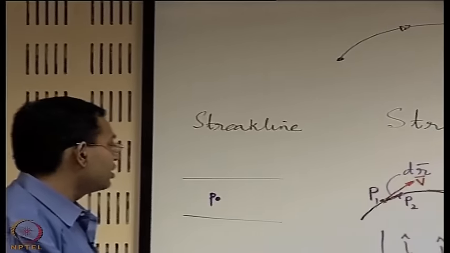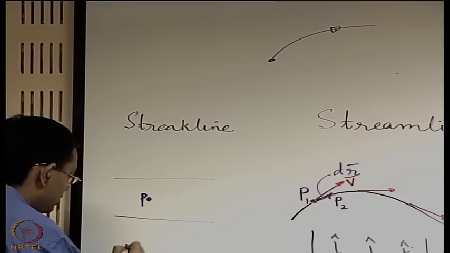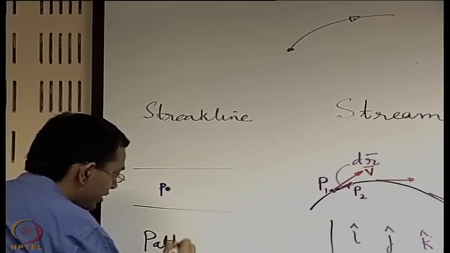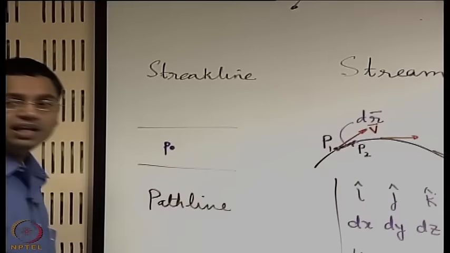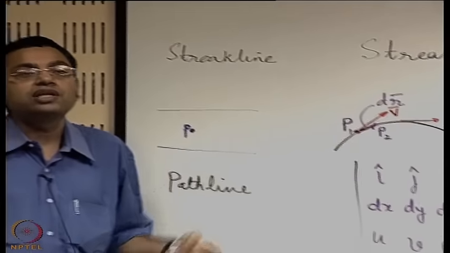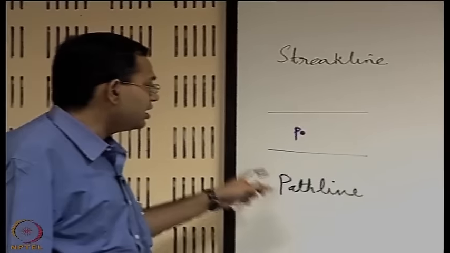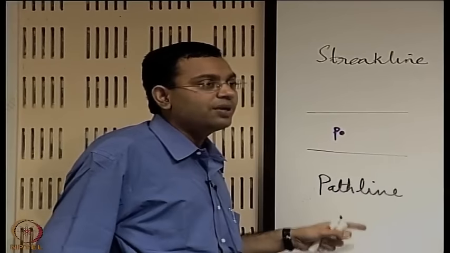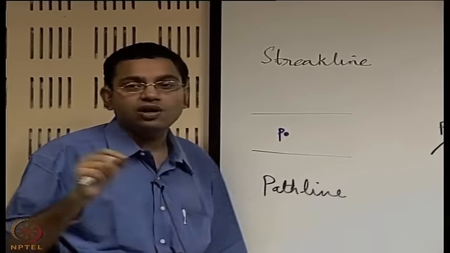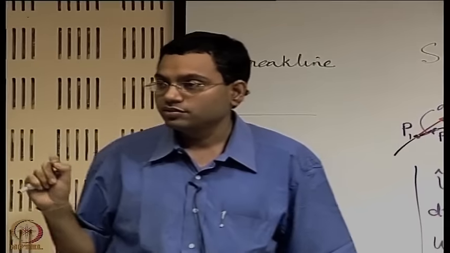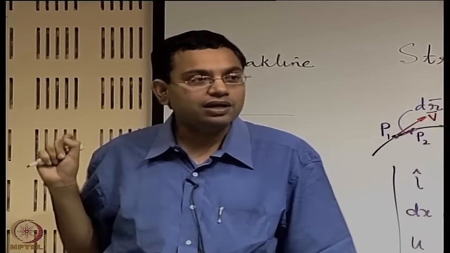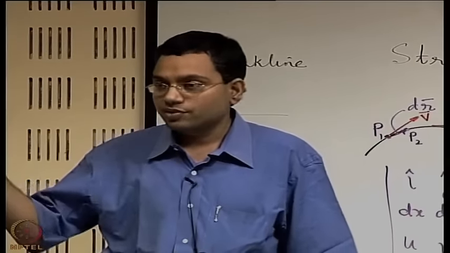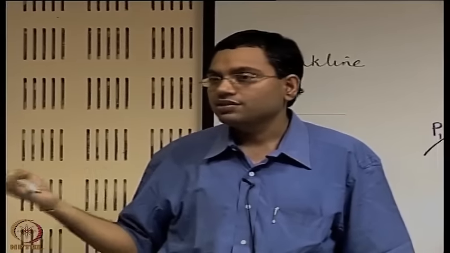We introduce a third line which is called a path line. Path line is the simplest and the most trivial concept to understand. It is the description of a flow from a Lagrangian viewpoint. So it is the locus of an identified fluid particle. If you identify a fluid particle, how it moves, the path traced by it is called a path line. That is very simple and trivial, requires no explanation.